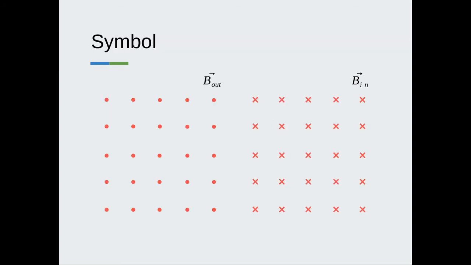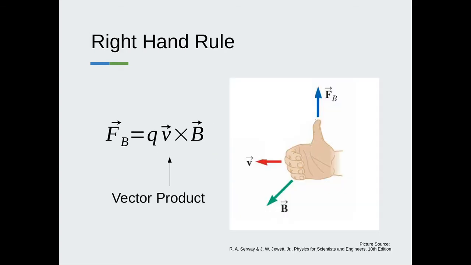And here's the introduction to the symbol, but I already introduced it. So for the vectors pointing out of the paper, we have a dot, and for the vectors pointing into the paper, we have the cross. So this is just an introduction, it's not a big deal. And I just applied the right-hand rule.